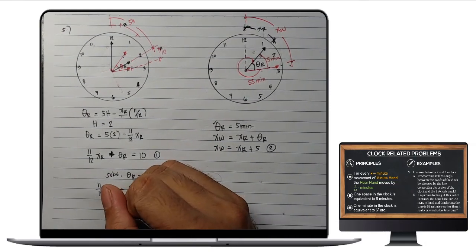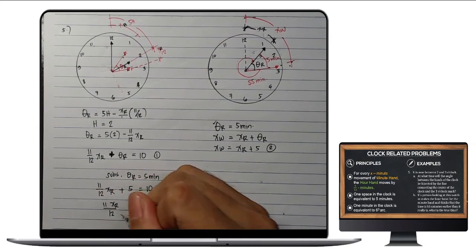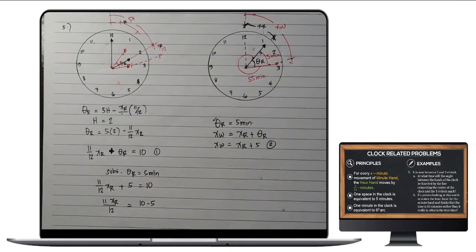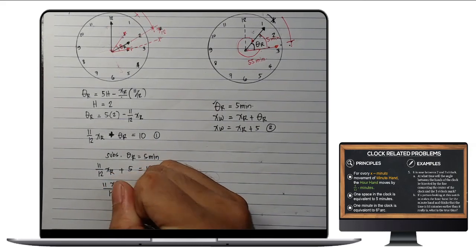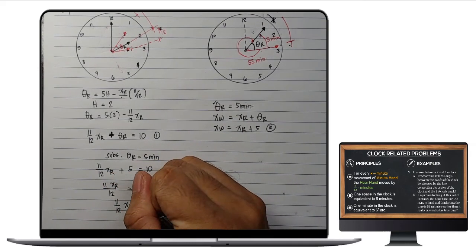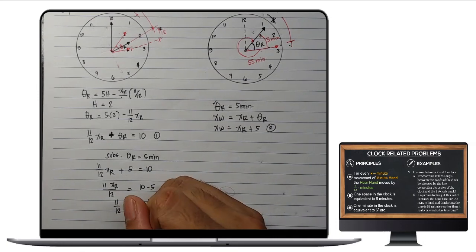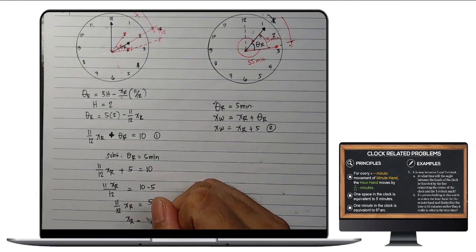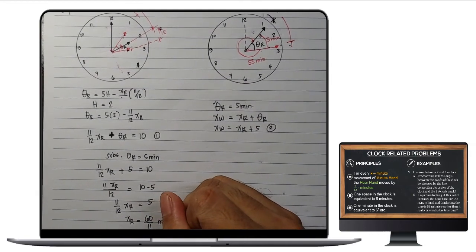Okay, so we have X sub R times 11 over 12 is equal to 10 minus 5. Transpose lang natin. So therefore, 11 over 12 X sub R is equal to 5. So, therefore, makukuha natin sa X sub R that is equal to 5 times 12. So, that is 60 over 11 minutes.